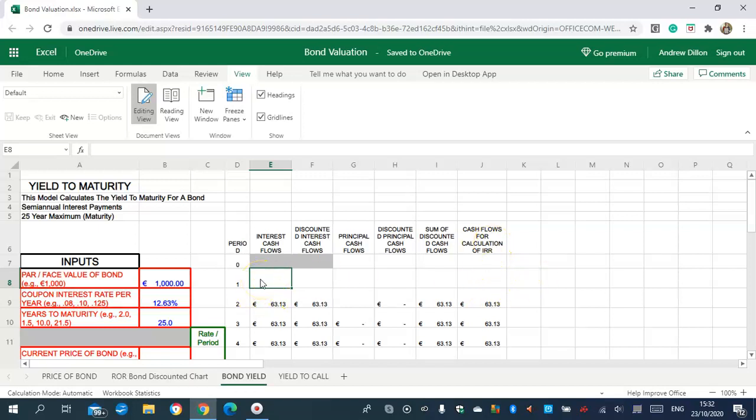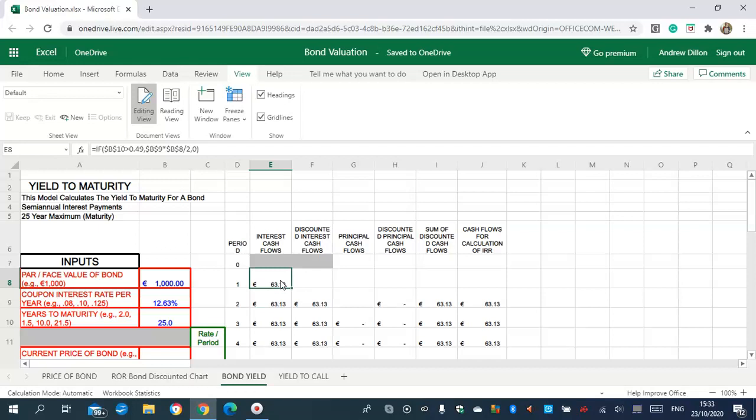The interest cash flow is calculated successfully.